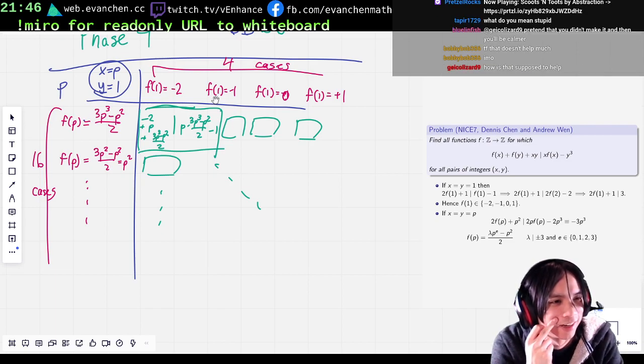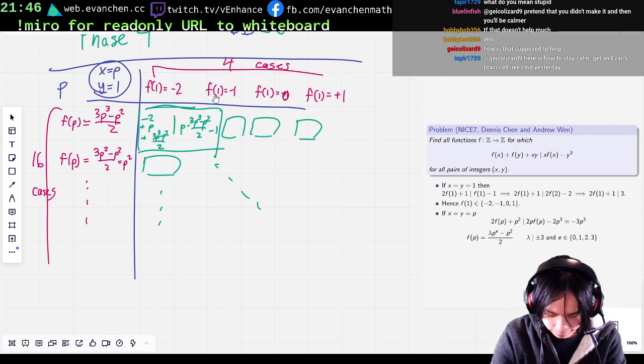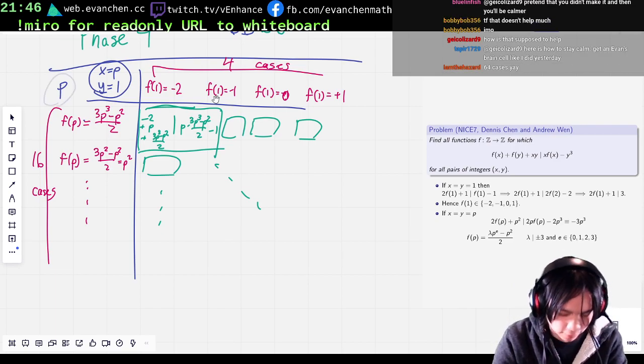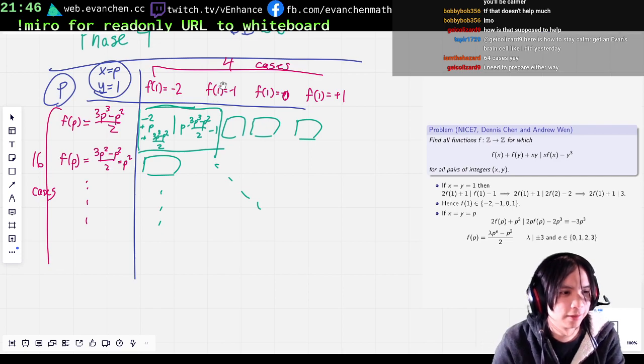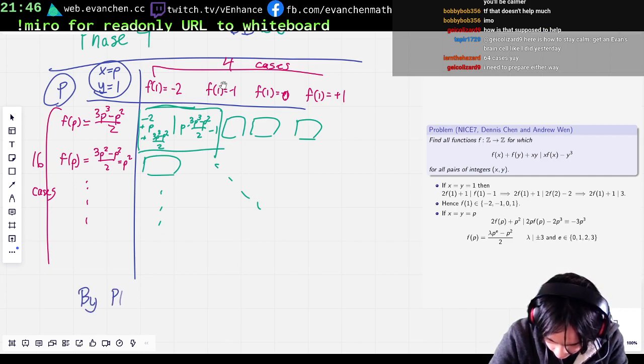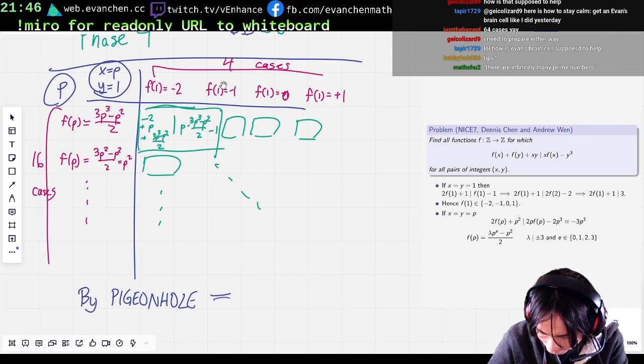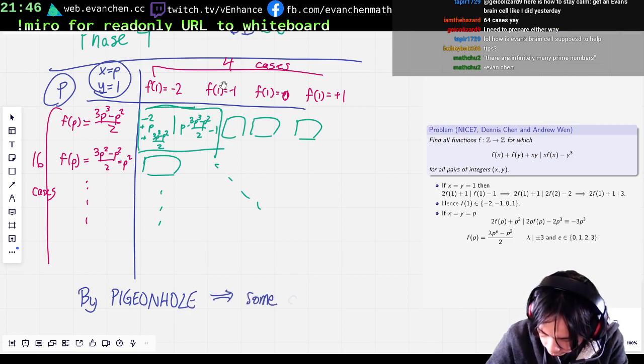Okay, so how is that supposed to help? Let me explain. There are infinitely many prime numbers. So one of the cells of the table, by pigeonhole, happens infinitely often.